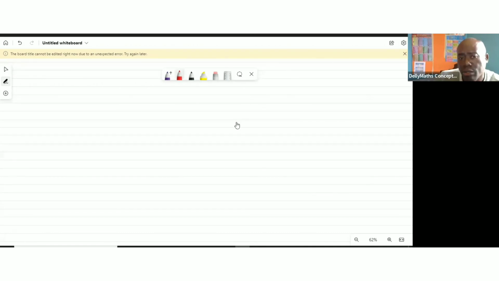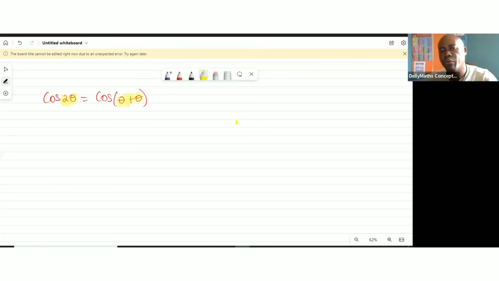Remember, I could use the sum formula to do this, because cos 2 theta can be seen as cos of theta plus theta. So I'm manipulating this idea.